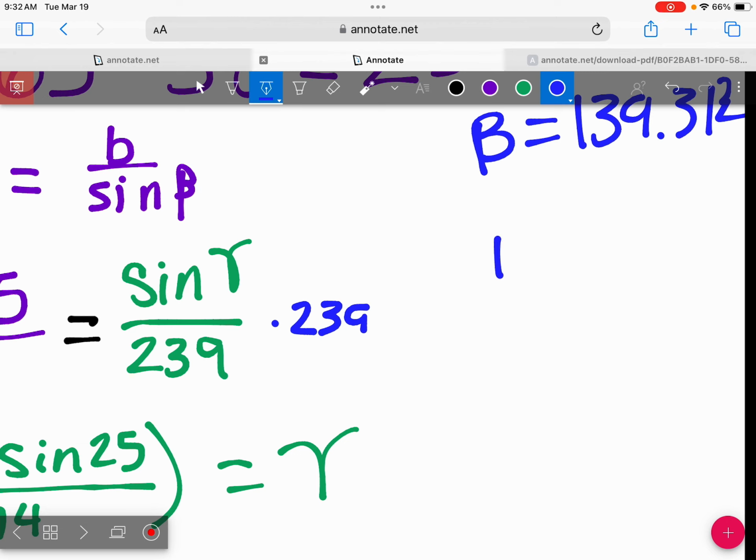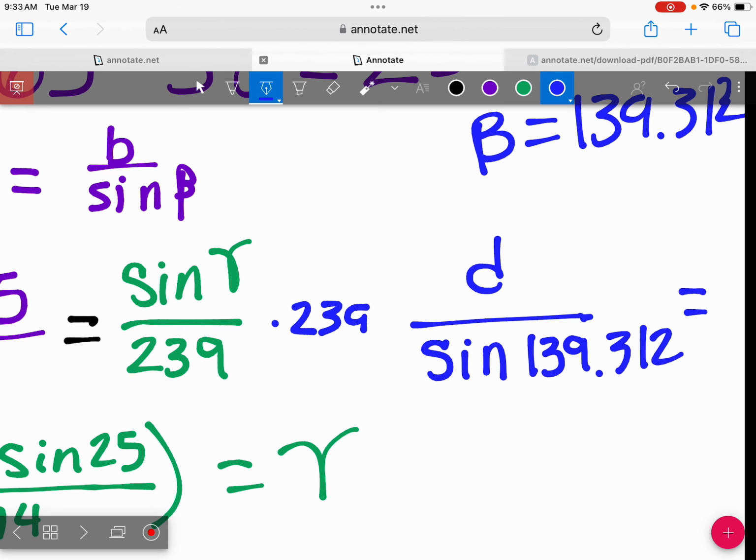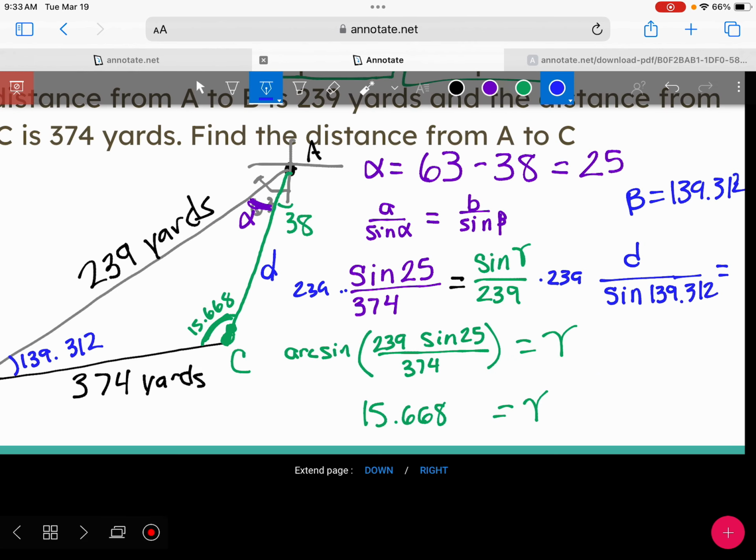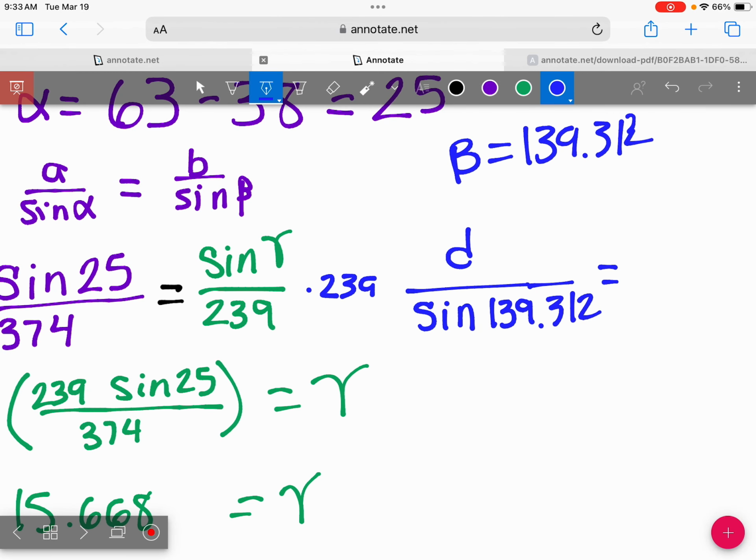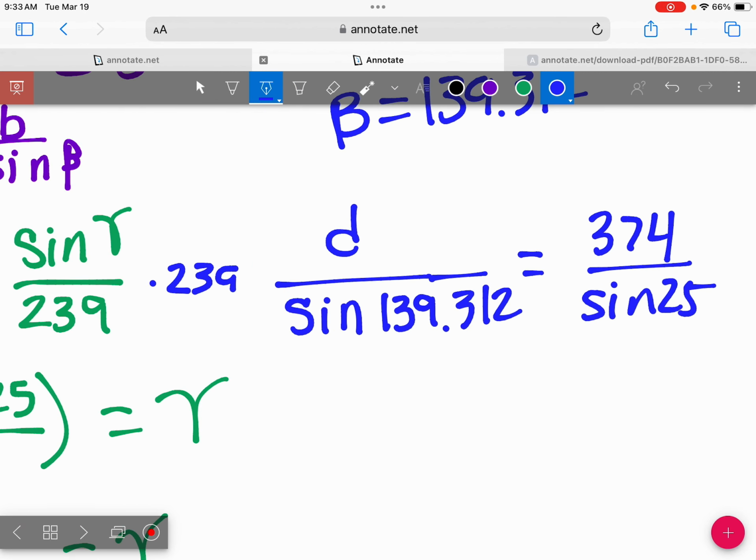But we want to get that distance, which is our side B, over our sine of 139.312. And we know it has the same ratio as our alpha system, 374 over sine of 25. Side over angle. They have the same ratio.